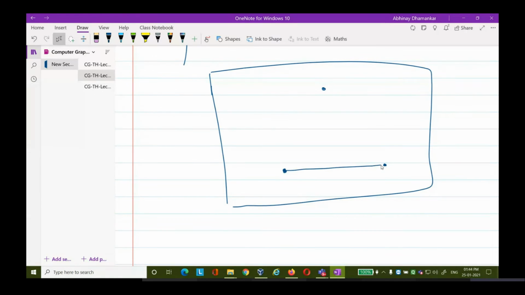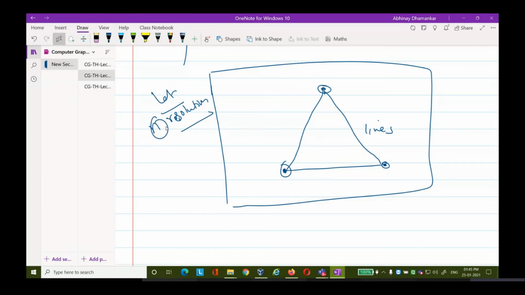Line will be drawn, line will be drawn, line will be drawn. So lines will be drawn from endpoint to endpoints. So let it be n number of resolution.